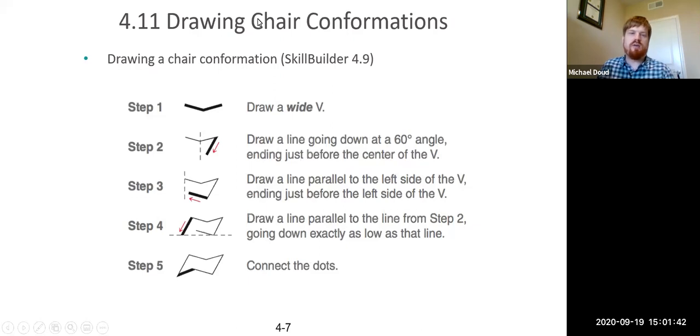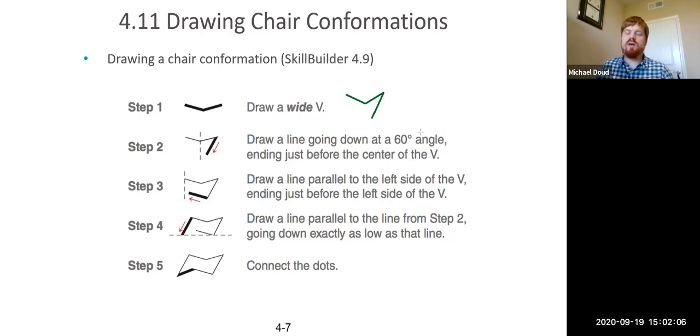So here, we'll do it together. I'm going to use my straight drawing line. What you're going to do first is draw a wide V, something like that. And then from that wide V on the right side, draw a line going down at about 60 degrees. So something like that. And it should go a little farther, maybe right there is good.